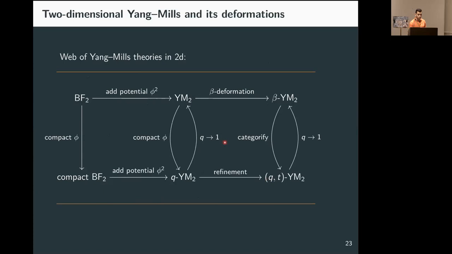We can start with the BF theory and add a potential and land on Yang-Mills or some generalization thereof. But we could also first modify the path integral measure and only then add the potential. And in this case, we land on the so-called q-deformed Yang-Mills, or q-Yang-Mills for short, or some simple generalization thereof. And then we can also refine the theory and get something more intricate.